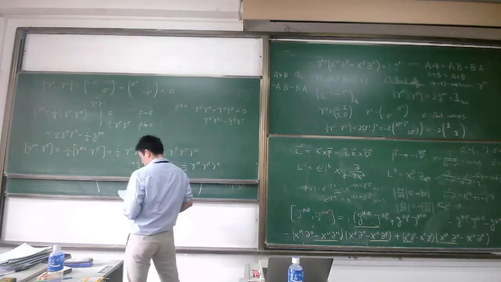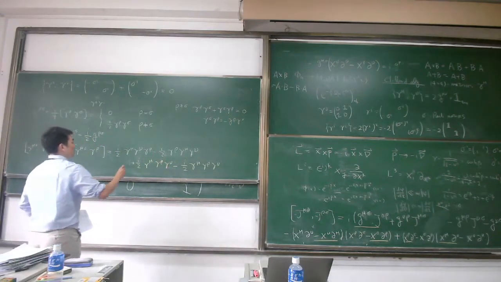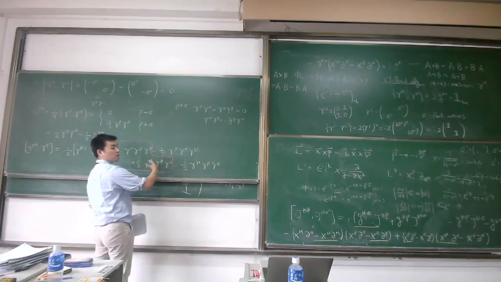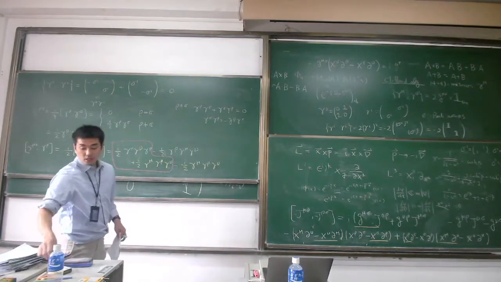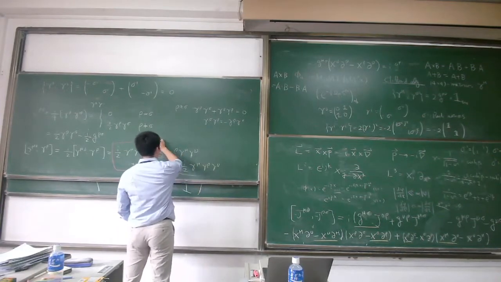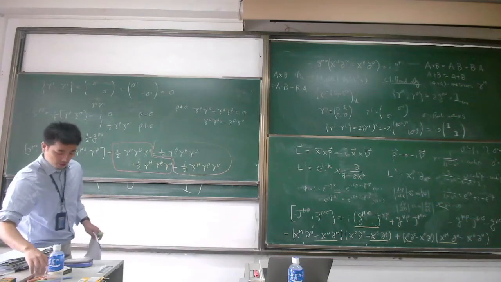Okay. I just do that, and then take a combination of this guy. So they cancel, of course. I just add and subtract. It's just 0, right? And then take this guy and apply the Clifford algebra over there.